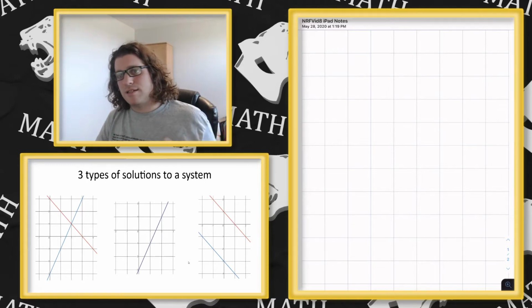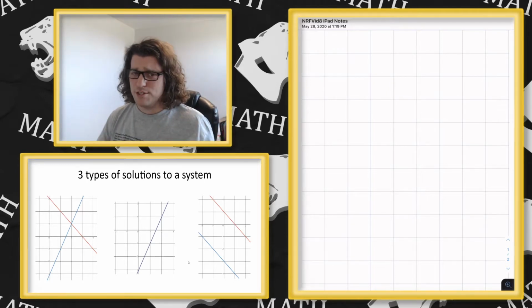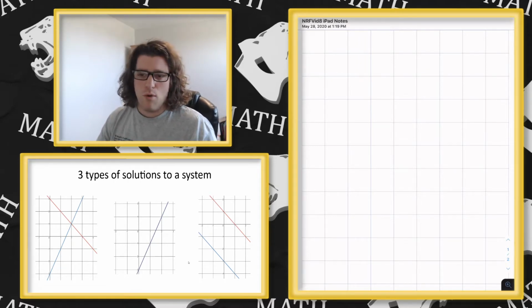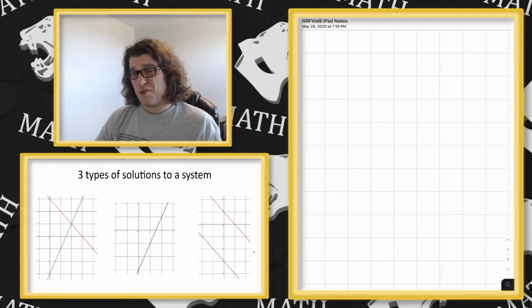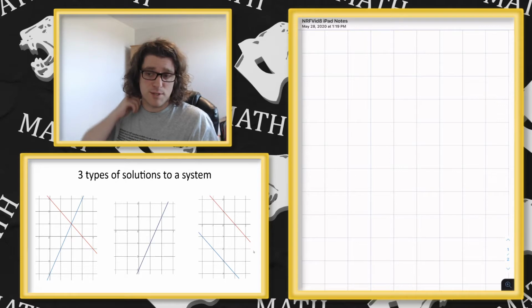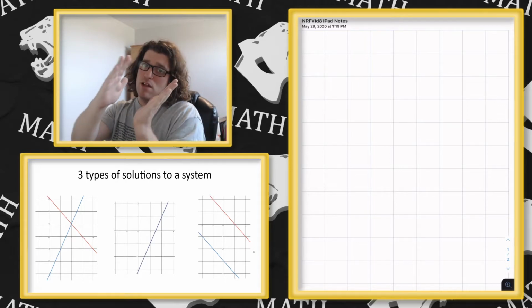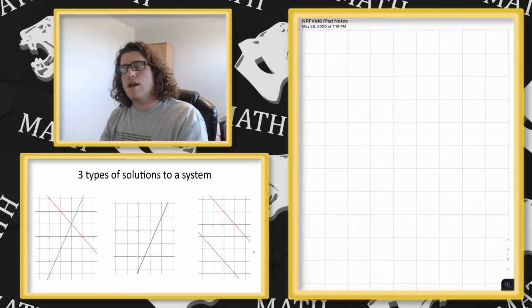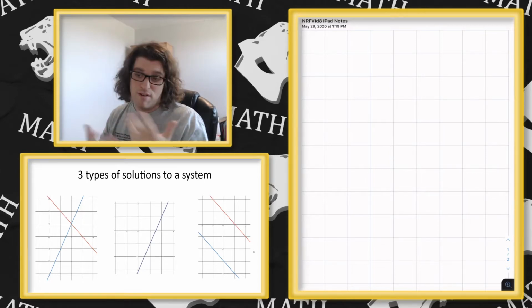So basically, one solution, an infinite number of solutions, or this last example, where we have two lines that actually have the exact same slope, so they're parallel. We saw that earlier, where we talked about slopes being the same meaning that the lines were parallel. If they are parallel, they maintain that same spacing forever, and they will never get closer and cross, and they'll never get farther apart either.